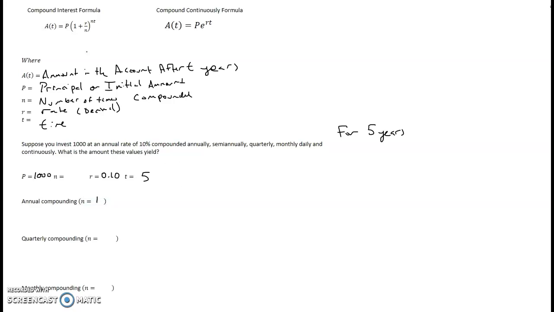So we're going to plug into this compound interest formula right here. The amount in our account after 5 years is equal to our principal, which is 1,000, times 1 plus our interest rate, which is 0.10, divided by the number of times we compound, which is 1, raised to the number of times we compound, which is 1, times how long it's in there.